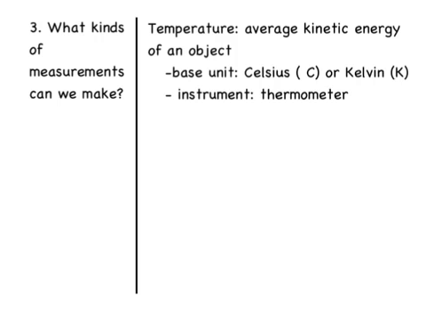Okay, the average kinetic energy, or the average how fast the molecules move in your body, is usually 98.6 degrees Fahrenheit is what we call it. But that's what temperature is. It's the average kinetic energy of an object.